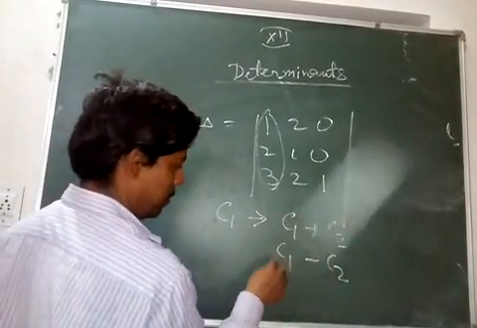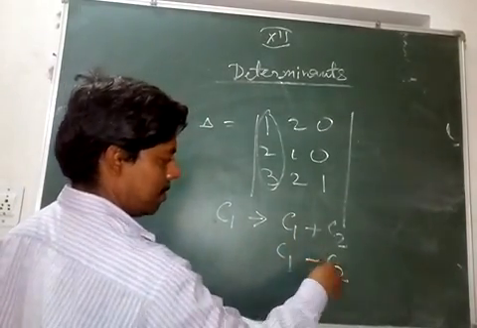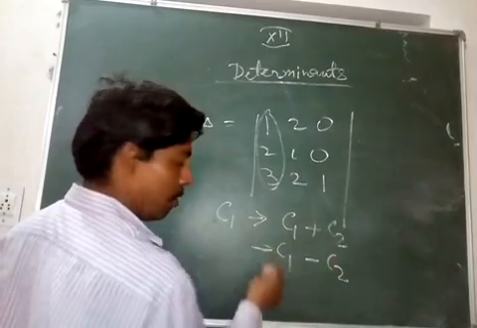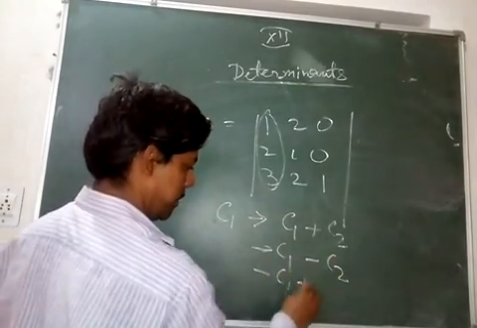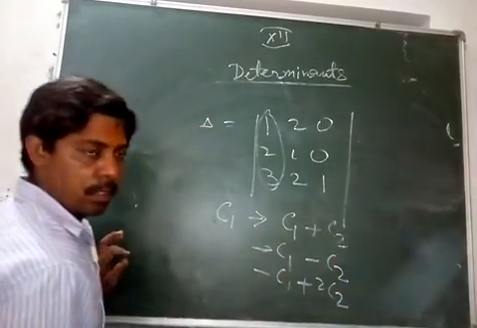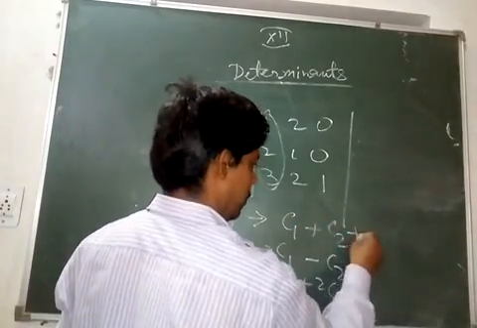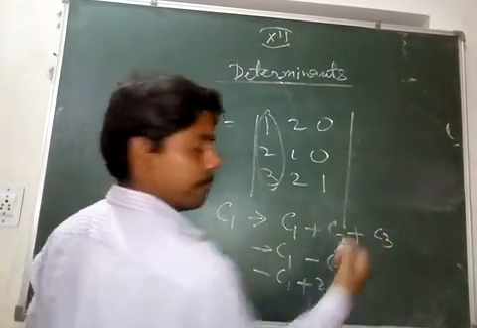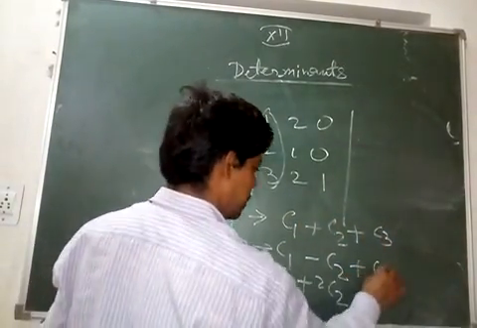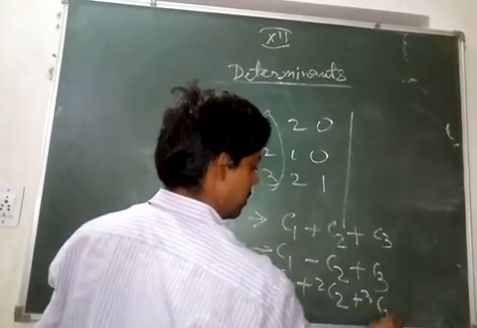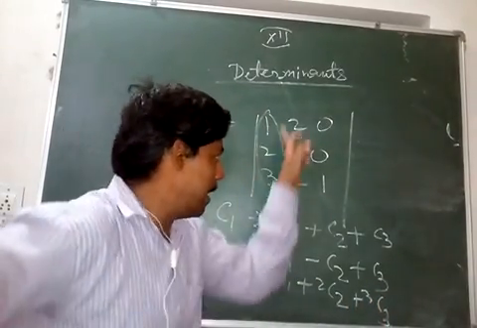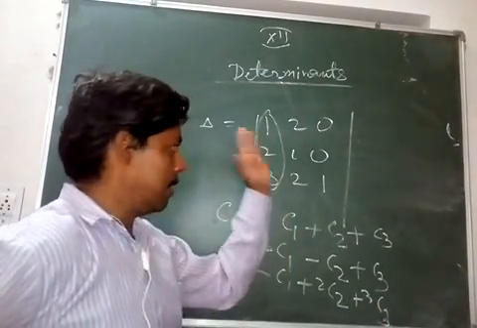You can add C1 plus C2, C1 minus C2, or you can do C1 plus 2 C2. You can even include the third column, C1 plus C3, you can make it 3C3. So you can multiply any rows or columns and you can add to the columns.